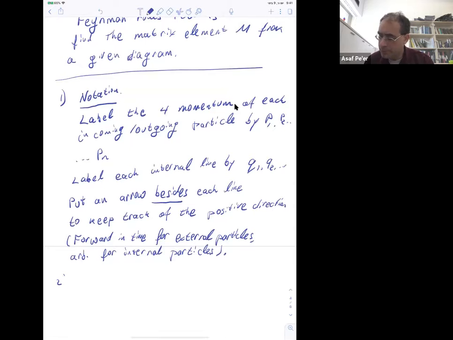Rule number 2. Now we look at the vertices. For each vertex, we write down a factor of minus ig.